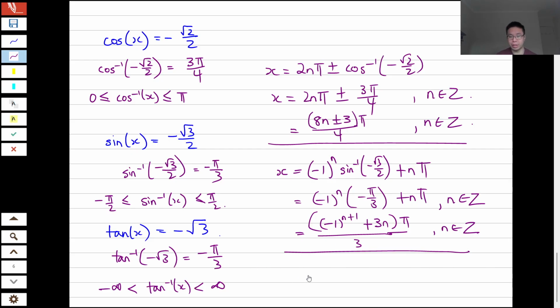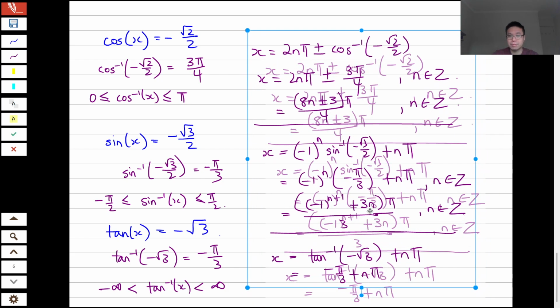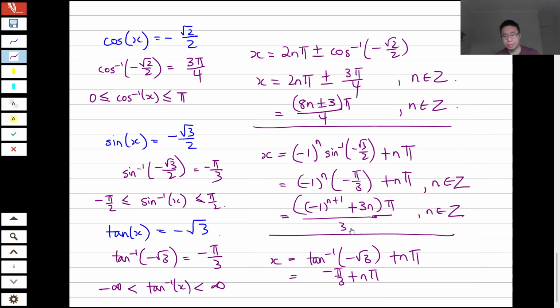Okay, so the general solution involves the inverse tan of my ratio plus n pi. So it's just going to be negative pi on 3 plus n pi. And if I want to create some room, what I'll do is I'll say it's 3n minus 1 divided by 3 times pi, where n is an integer.